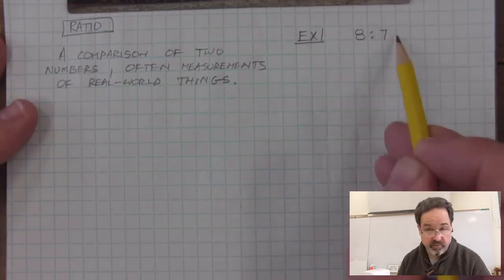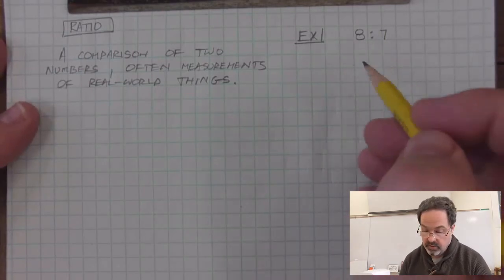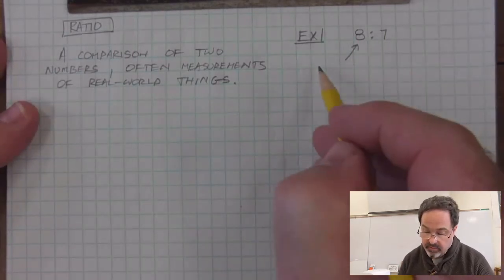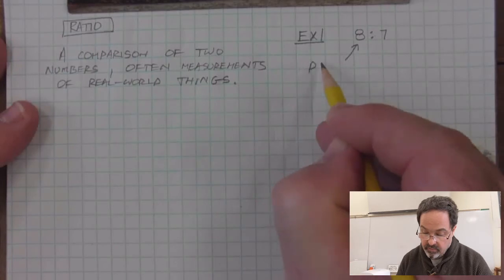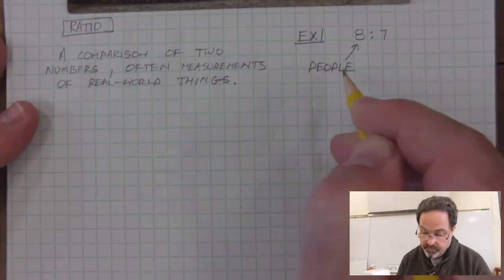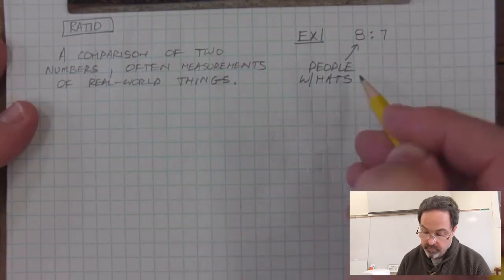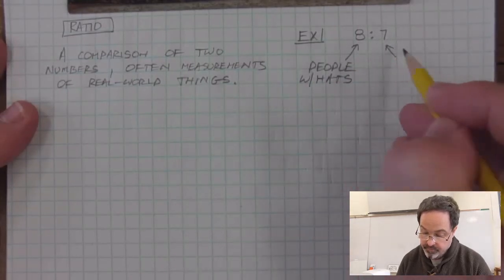One way to express a ratio is with a colon, the symbol that has 2 dots in between. 8 would then represent the count of people with hats compared to the people that do not.